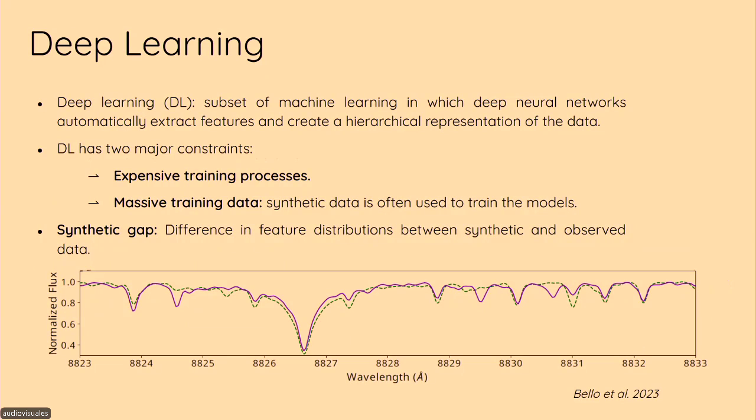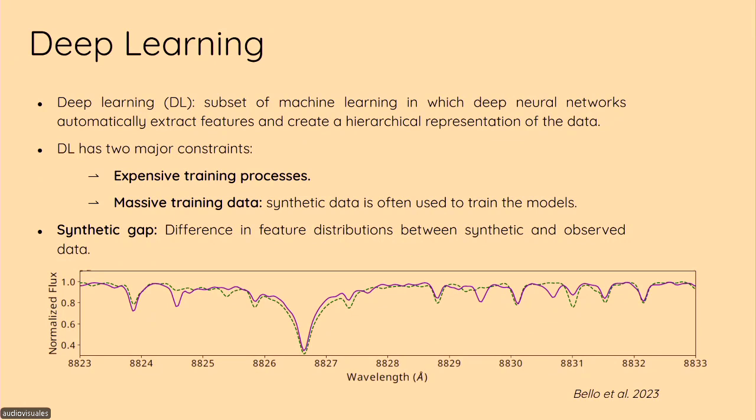So deep learning methodologies are, of course, very promising, but they have two major constraints when it comes to data dependence. One is that the training of these systems is very expensive in terms of both time and resources, and the other is that the training of these systems relies on massive, huge training data sets.